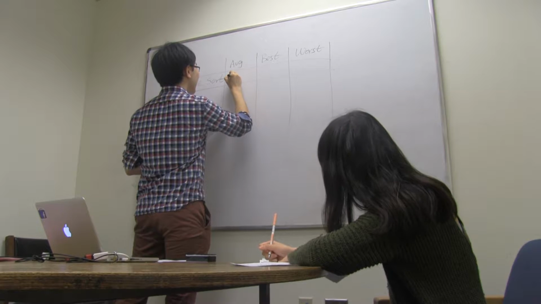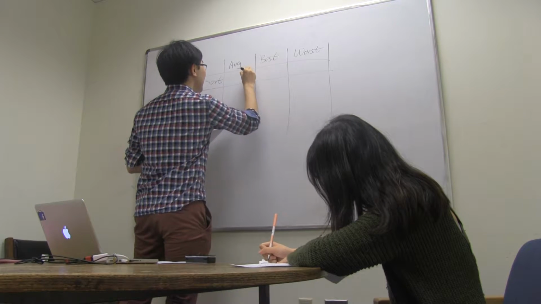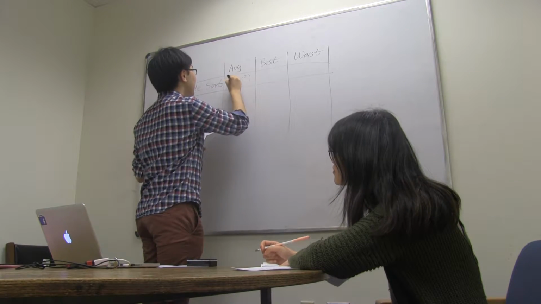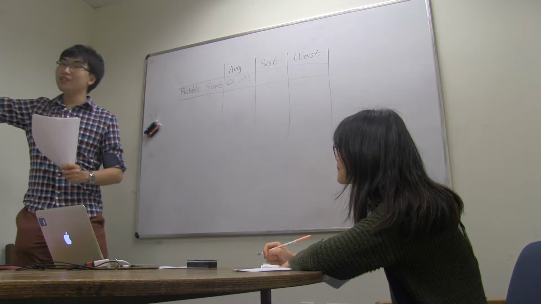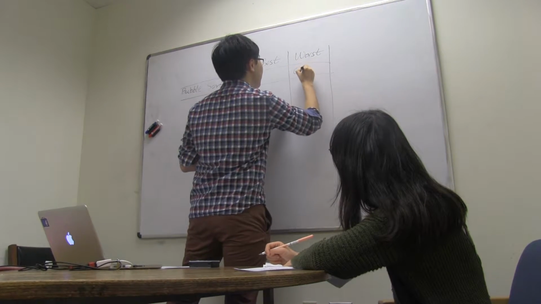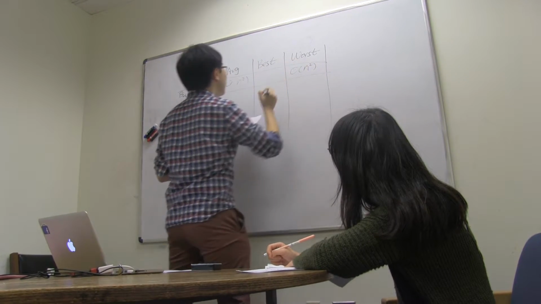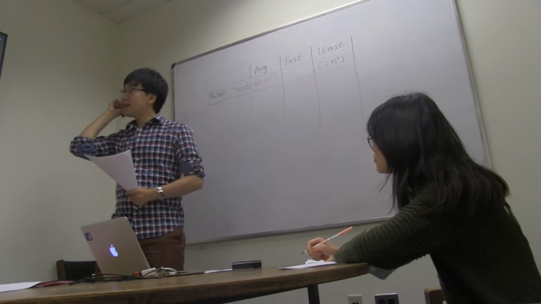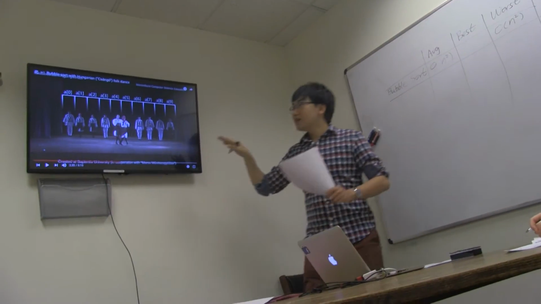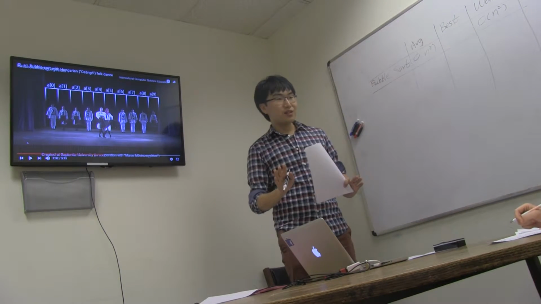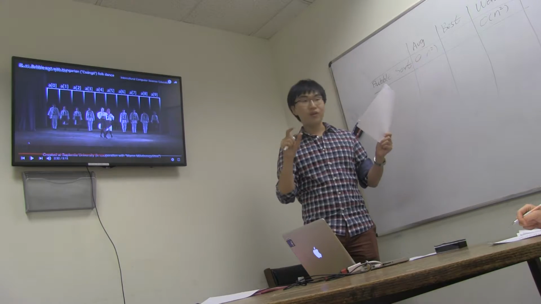Okay, so now we have order n squared on average, and in the worst case they will switch over and over again, so the complexity will also be order n squared. And in the best case, if in a pass none of these dancers switch with each other, that means this array is already sorted.